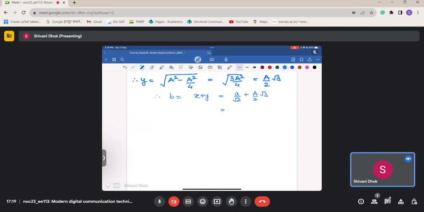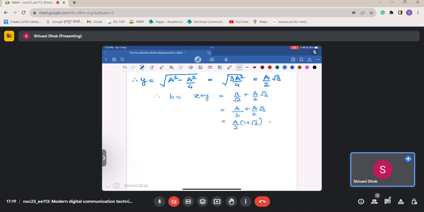Again this a was capital A by root 2, so I can write it as capital A by root 2. Root 2 into 2 root 2 into root 2 is 2, so this comes out to be a by 2 into 1 plus root 3.